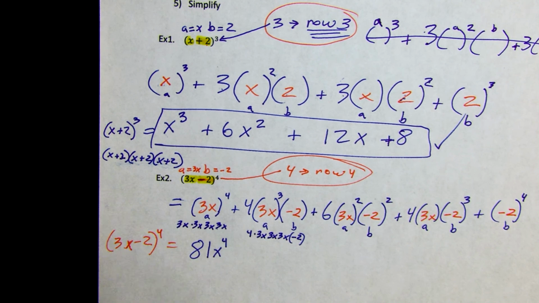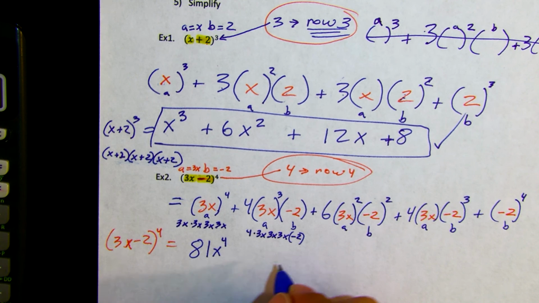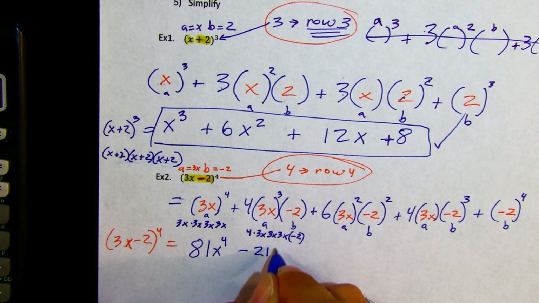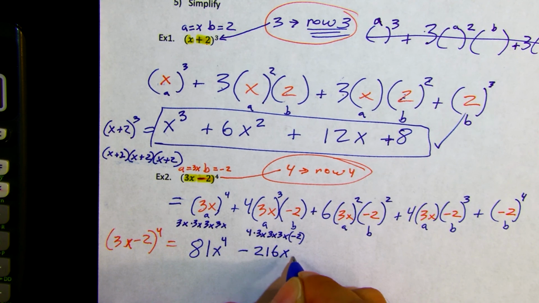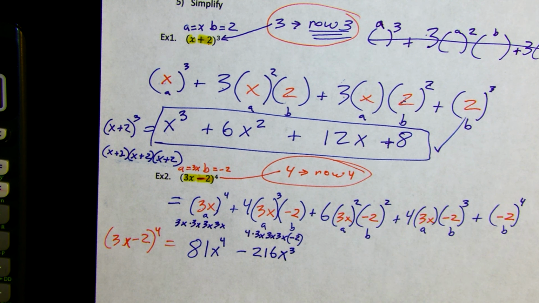Now is where I just need to get a calculator and stop trying to show off. 4 times 3 times 3 times 3 times negative 2. 12 times 9. All right, so we get negative 216. How many x's do we have? 1, 2, 3. x to the third. You got to work through them. You got to trust the method here.